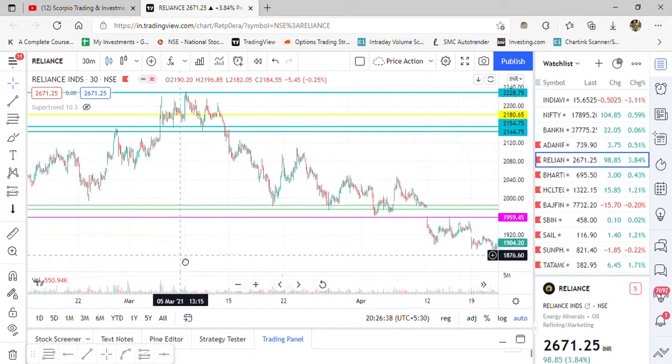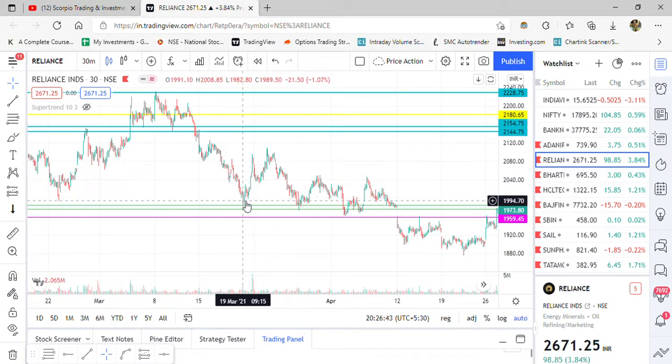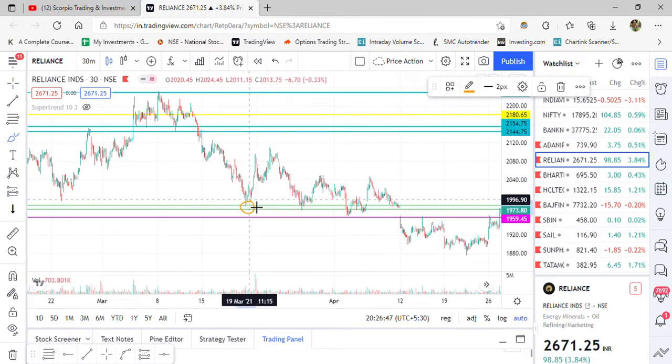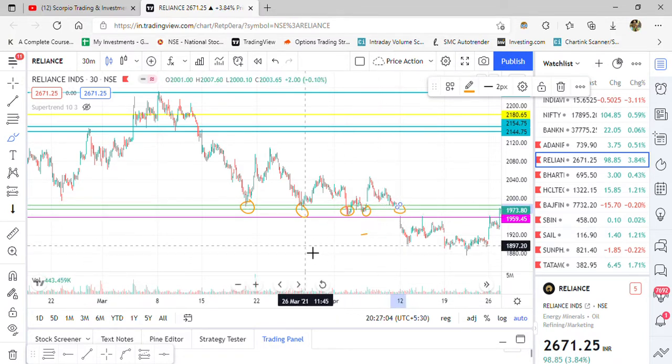Now the stock started coming back down. It took support here. It tried to cross, but again went up, tried again, but again went up, and finally on this day there was a big gap down and it broke this support.